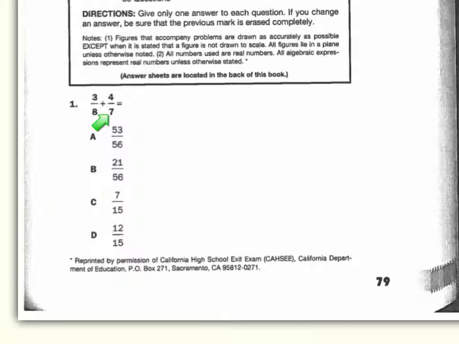The common denominator for both would have to be a number both would be able to be multiplied to. In this case, it's 56. So for the first fraction, 8 times 7 is 56.